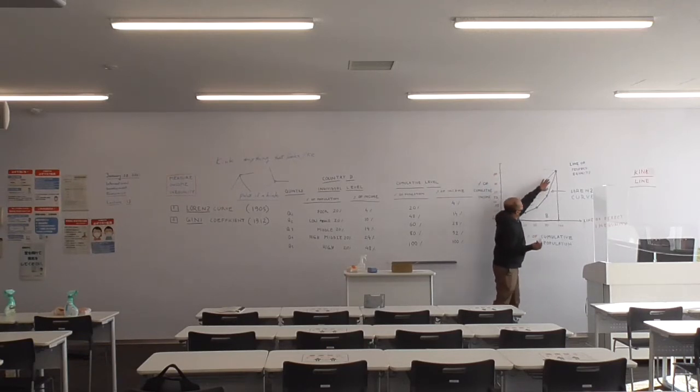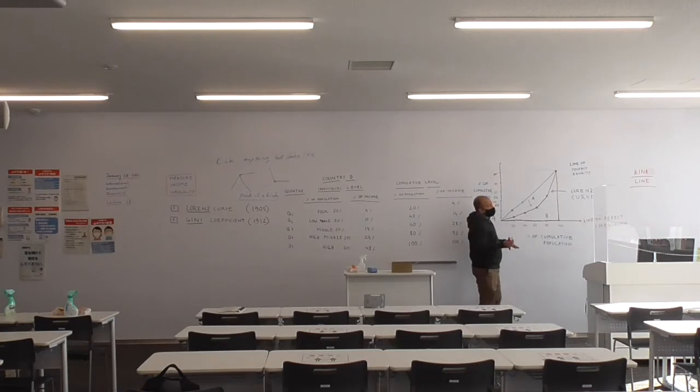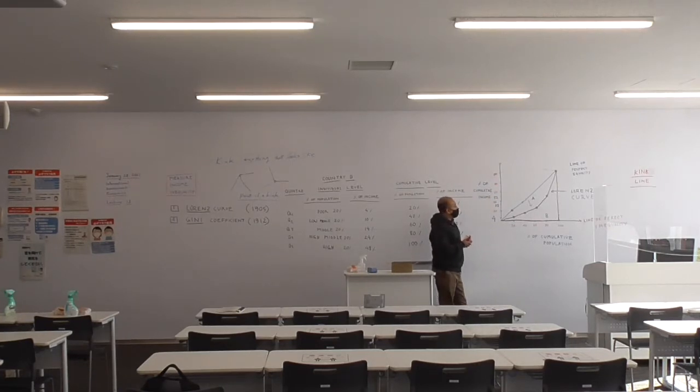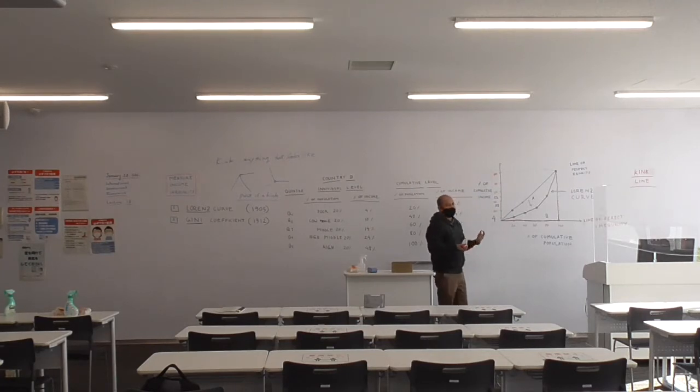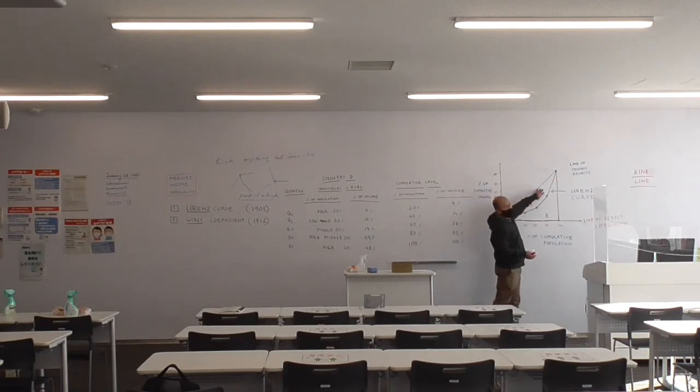By watching this figure, how much do you understand about the income inequality situation of the country? How much can we predict? Because this is just a graphical representation, there is no numerics to calculate how much this area is compared to this area.